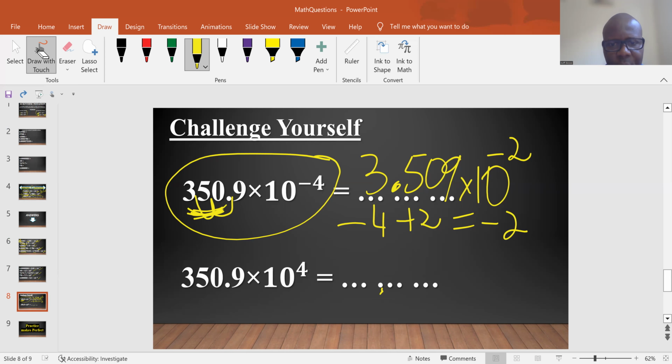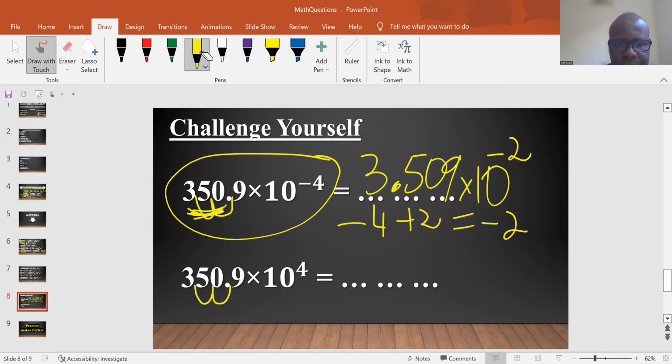Based on that, I hope you understand the last one. Here, because you have the same 350.9, and this time it's multiplied by 10 to the 4th power, again, it's not yet a scientific notation. So we'll move the decimal 1, 2, so again 2 times left.